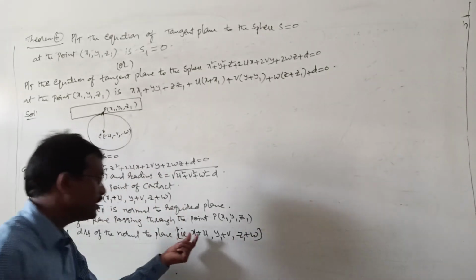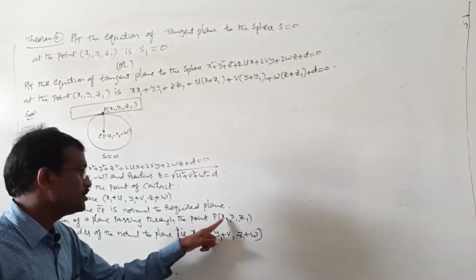That means basically these are a, b, c. Now this is x1, y1, z1.